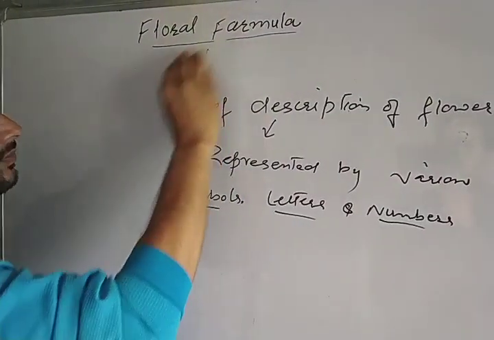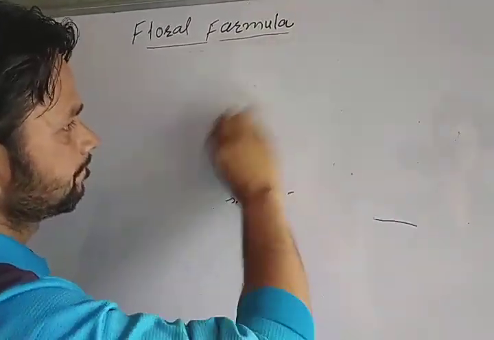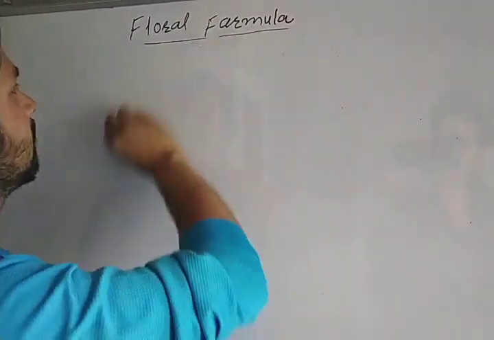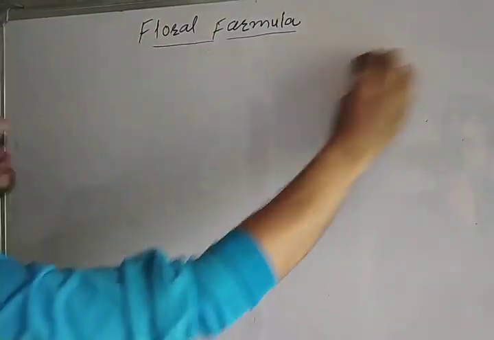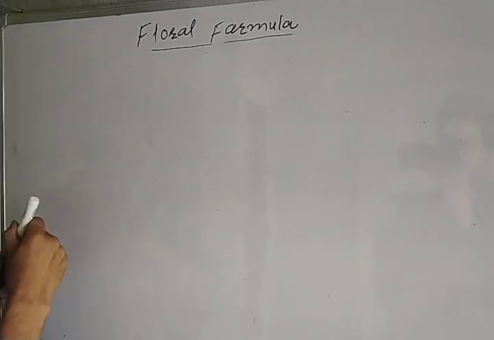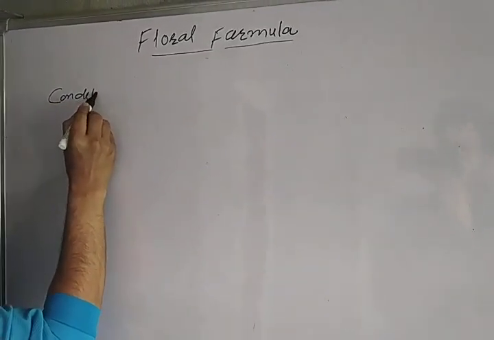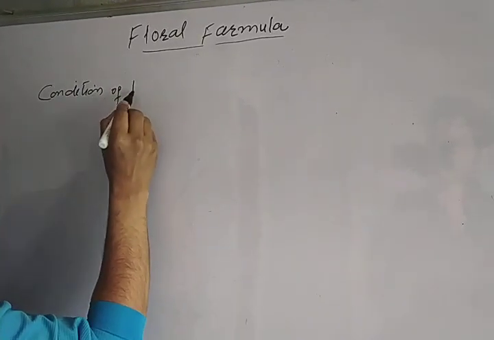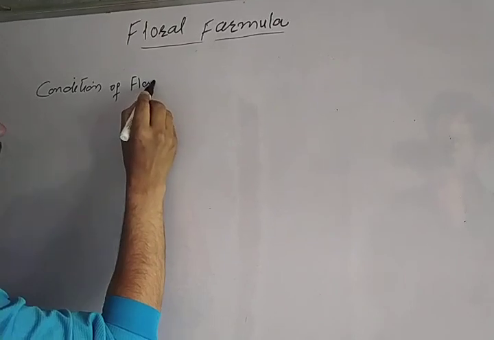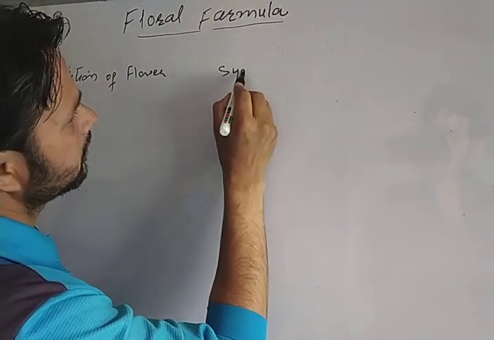Now I will go for symbols and description. Symbols, their description with letters. Suppose here we have the condition of flower, and the symbol we are presenting with it.